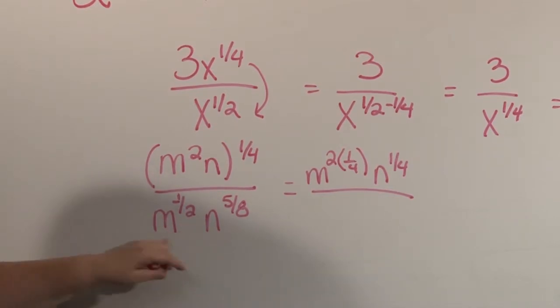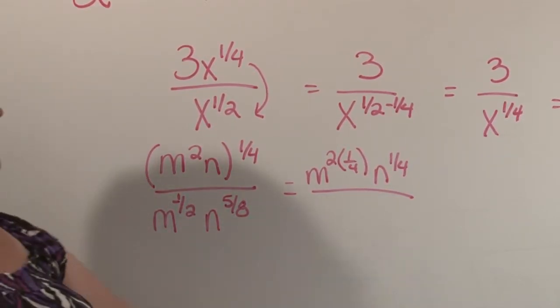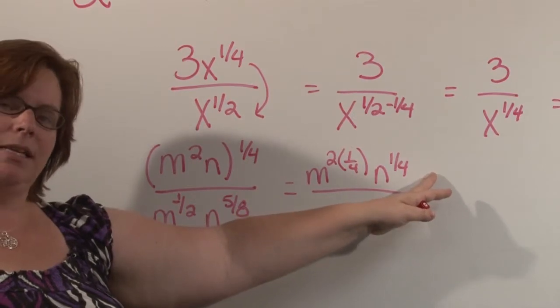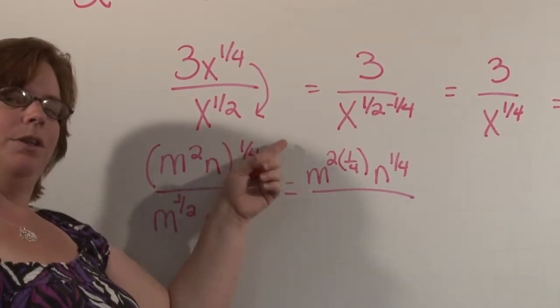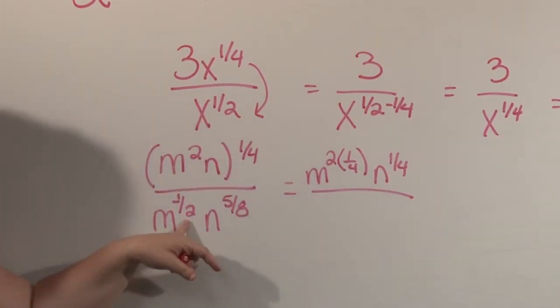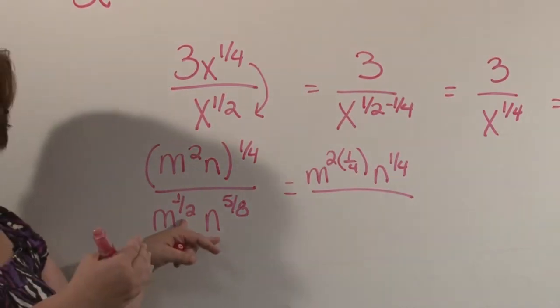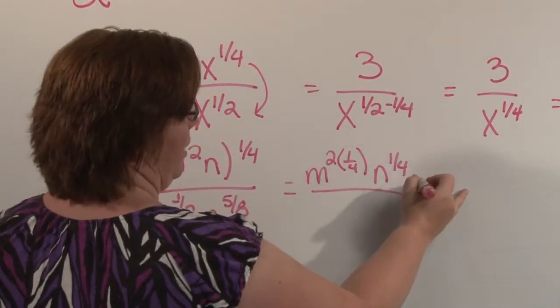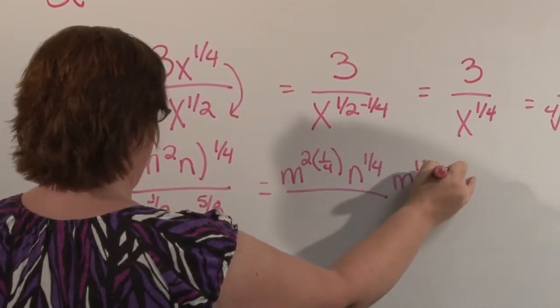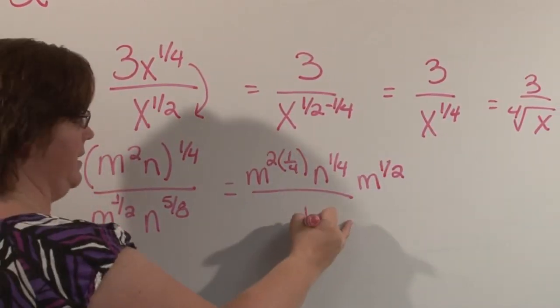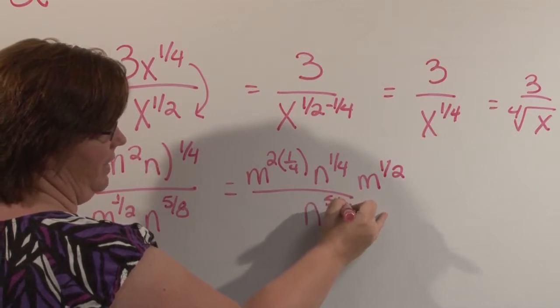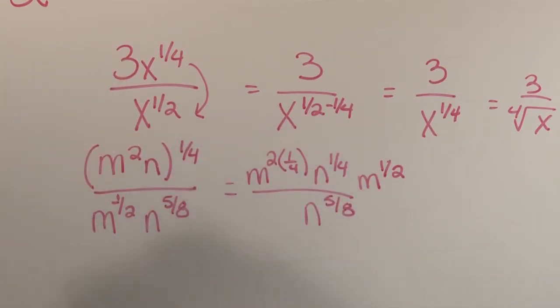That rule tells us that that negative exponent needs to become a positive by moving it from either the denominator to the numerator or the numerator to the denominator, depending where the negative is. So because our negative exponent's in the denominator, we're going to move it up to the numerator. So that will be m to the 1/2, and it's all over our last piece here, which is n to the 5/8.